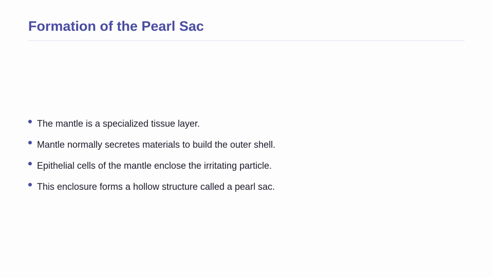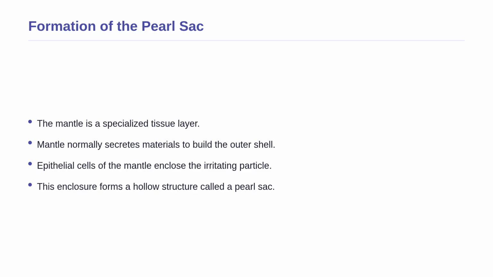Following this initial irritation, the bivalve's body goes into active defense mode. The mantle is a highly specialized layer of tissue whose normal job is to secrete the materials needed to build the mollusk's hard outer shell. However, when irritated by a foreign body, the epithelial cells of this mantle tissue begin to multiply and spread.